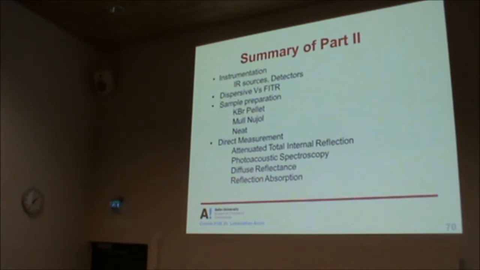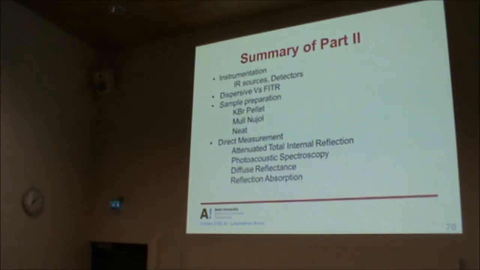One is making a KBr pellet, the other is Nujol mull, where you take a liquid mineral oil and you disperse the powder in that, and you sandwich that between 2 sodium chloride plates, and you use that for measurement. And you have a neat, which is the actual liquid. You don't mix it with anything, but you take 100% liquid, then place that in between 2 sodium chloride plates.